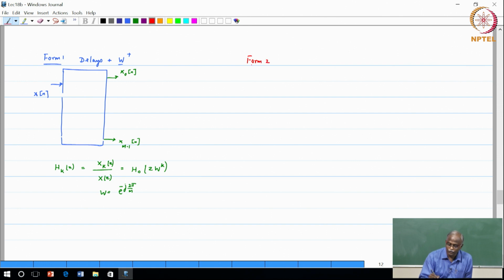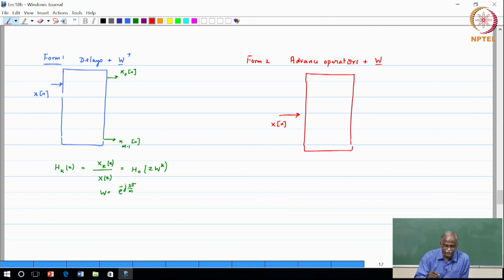Form 2 is a chain of advanced operators plus the DFT matrix. So, I have x of n going into my box, and that box has the chain of advanced operators, and the outputs x naught dash of n, x1 dash of n, dot dot dot, x m minus 1 dash of n.